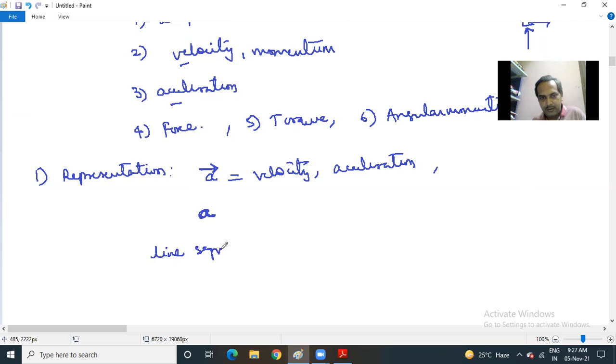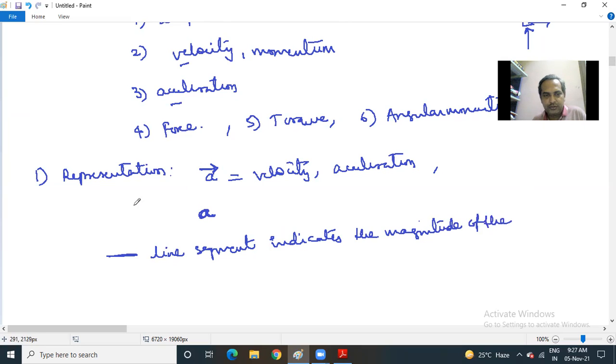The line segment indicates the magnitude of the vector. Suppose you choose momentum, which we generally represent with P, and it is 10 kg meter per second.